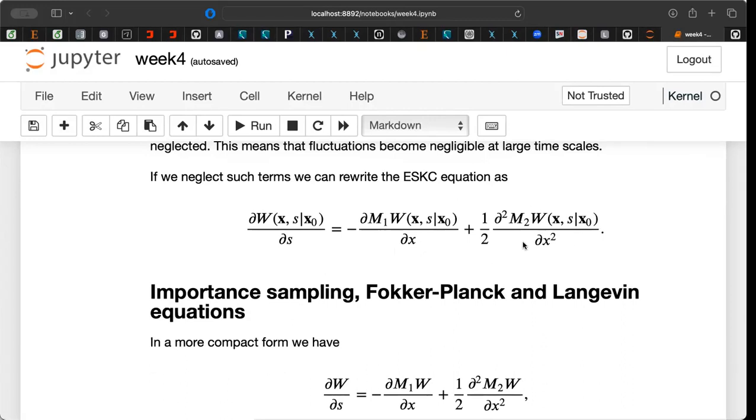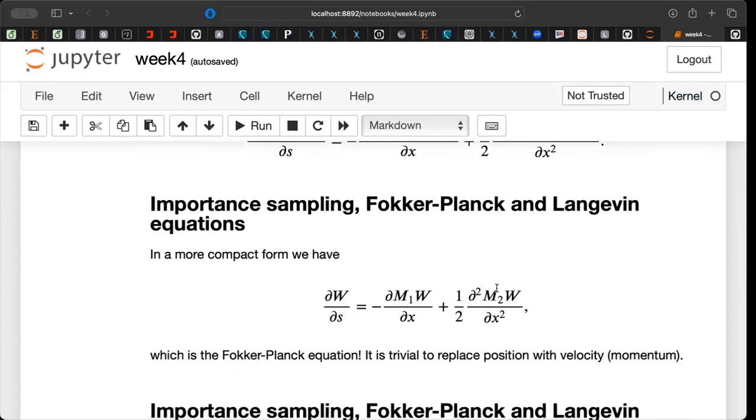And this would now be the standard kinetic energy term, which we have had before. So this is a way we can derive the Fokker-Planck equation. And then you can replace position with velocities or momenta. And then you have the standard approximations for the Fokker-Planck equation.